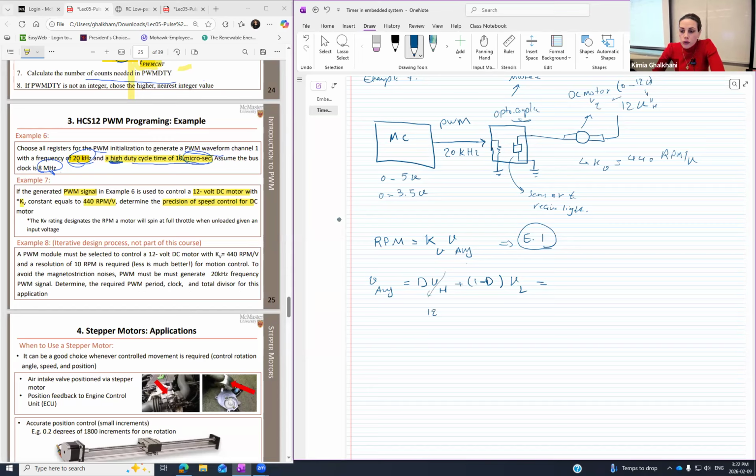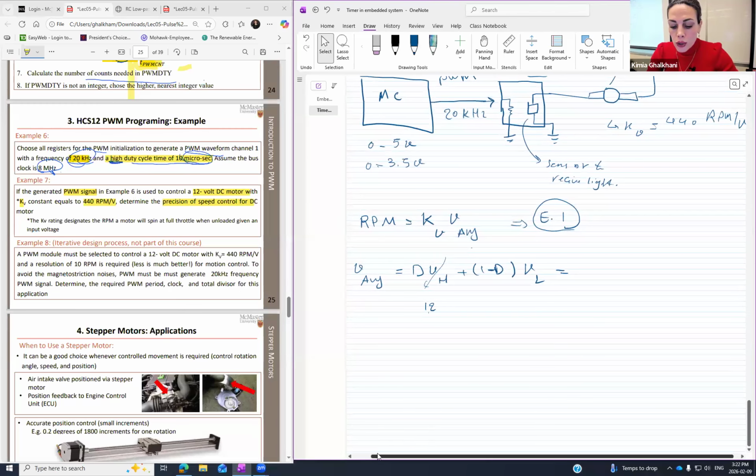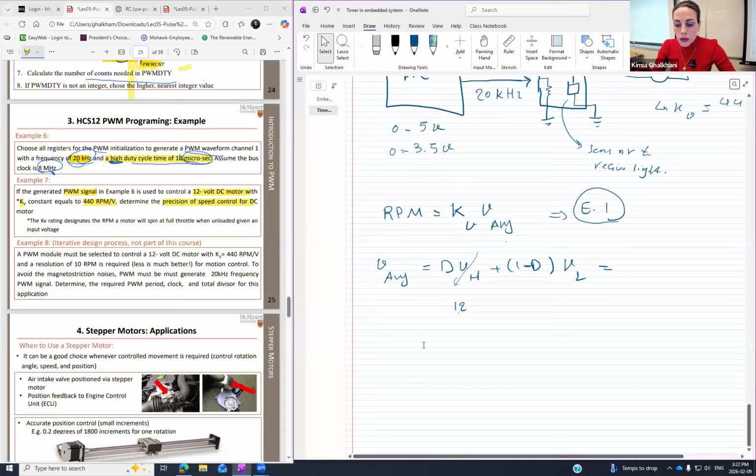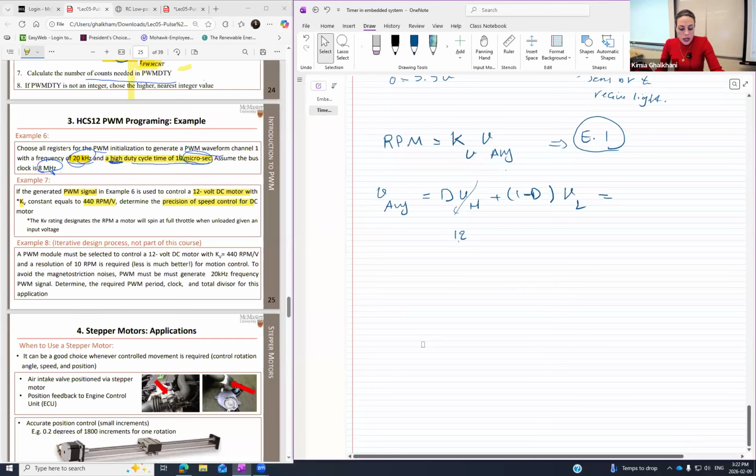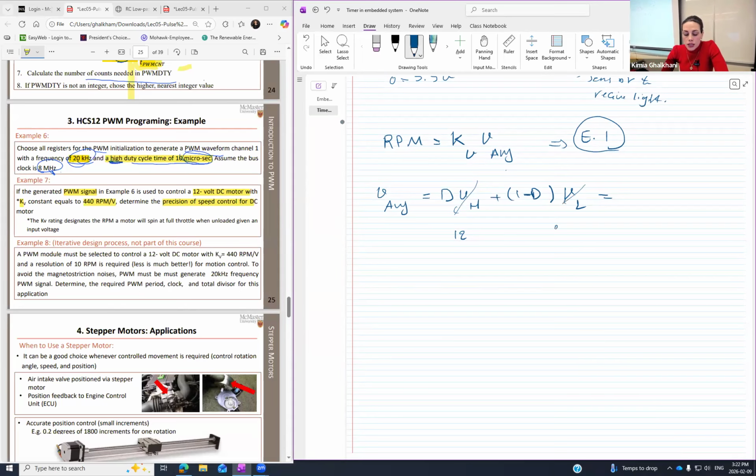This one is 12; that's coming from the DC motor information. So I put down 12 in VH, and as I said, VL is 0, then I'm going to have 12d. Make sense so far? If I have 12d, just from there, I can say V average is going to be 12 delta d. Delta d means the smallest increment of duty cycle.